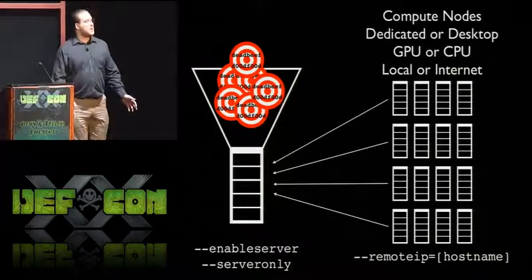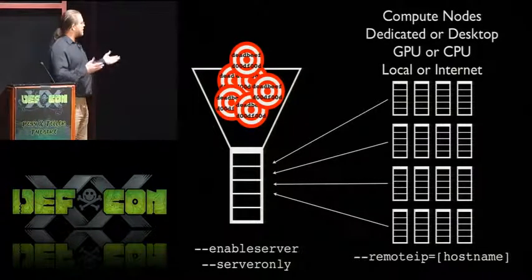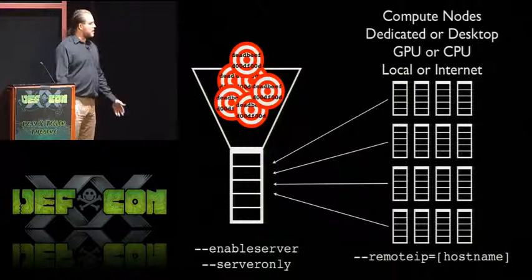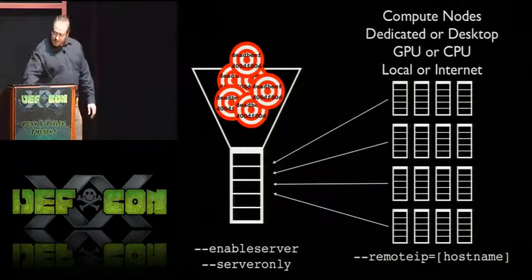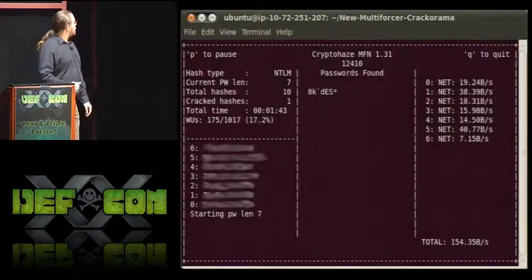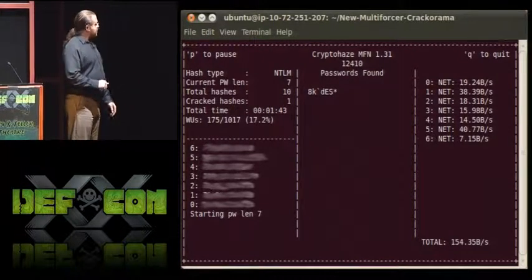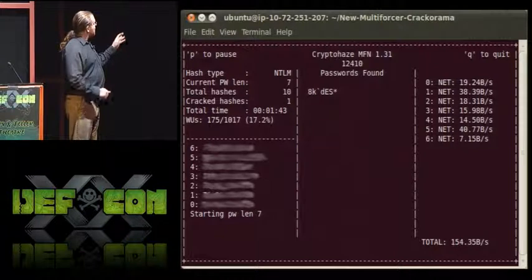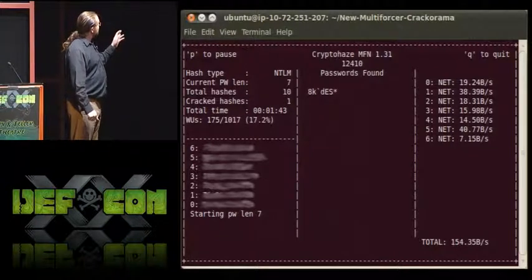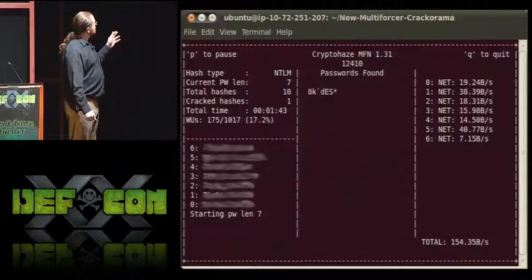So let's look at some numbers. I've said I can do massive scale internet hash cracking. Let's see what that looks like. So some of you who've read my blog probably recognize this. This is from about 2 weeks ago. It involves 6 systems, roughly 30 video cards, I think.